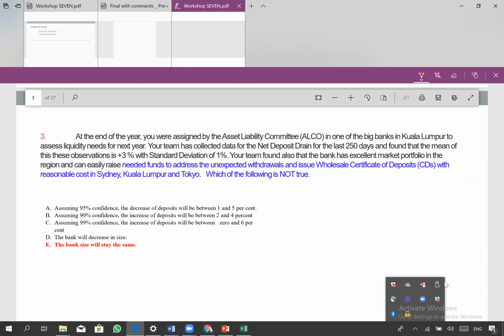Okay. This is at the end of the year. You were assigned by the ELCO, in one of these big banks in Kuala Lumpur, to assess liquidity needs for the next year.